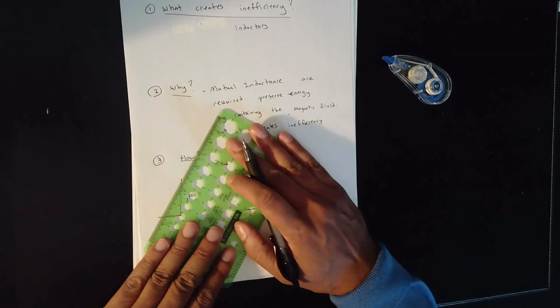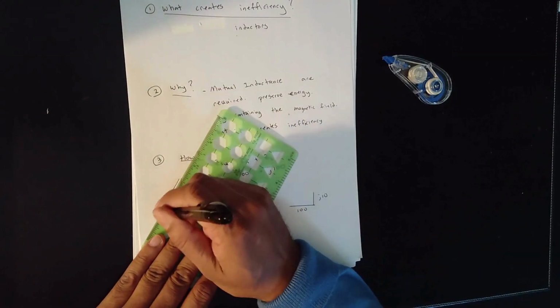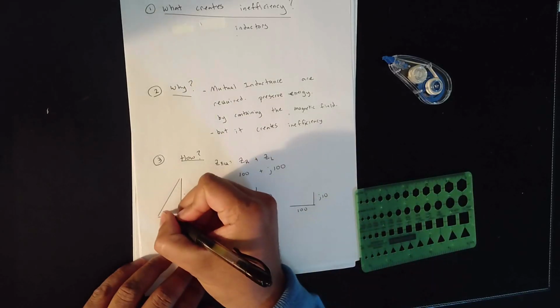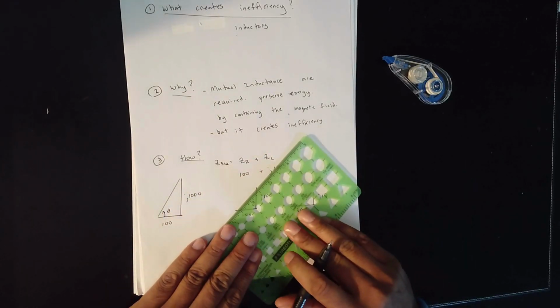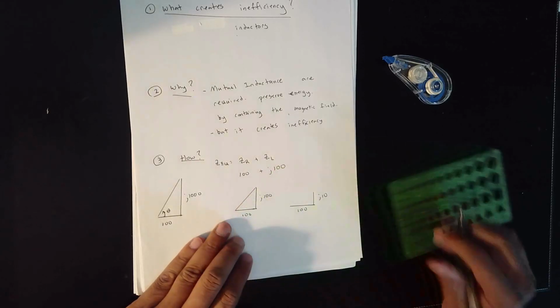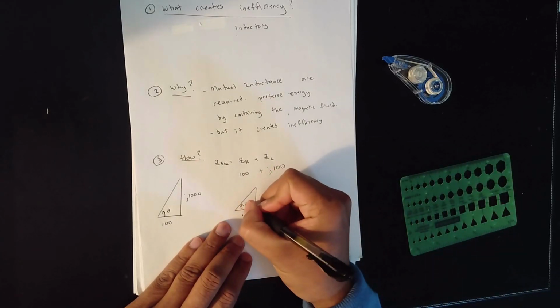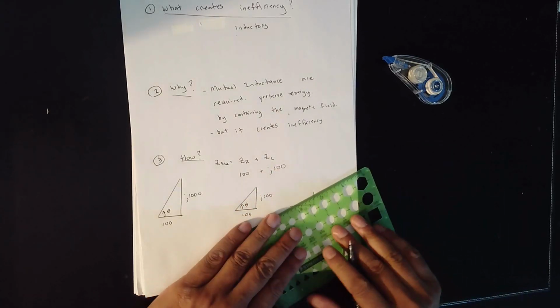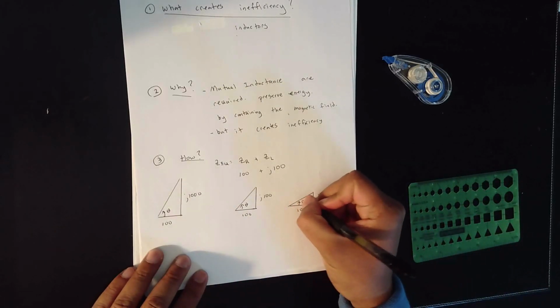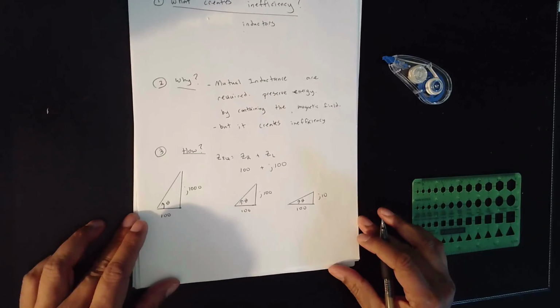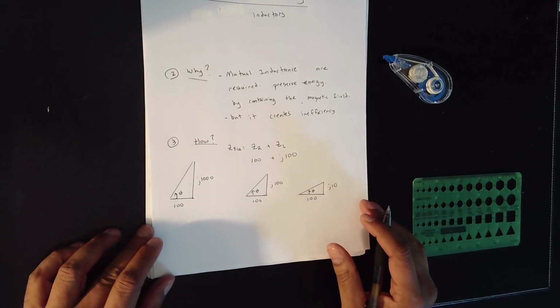So we're going to create a triangle, and in this triangle, we have an angle.